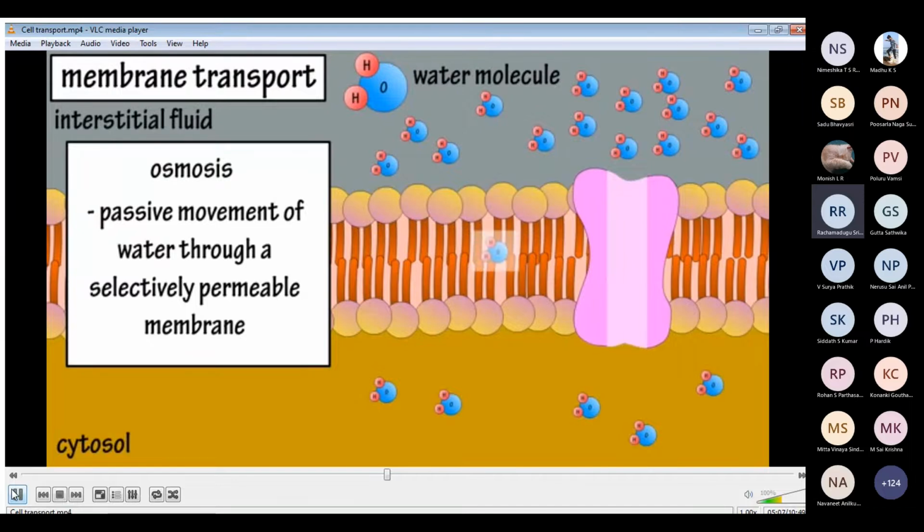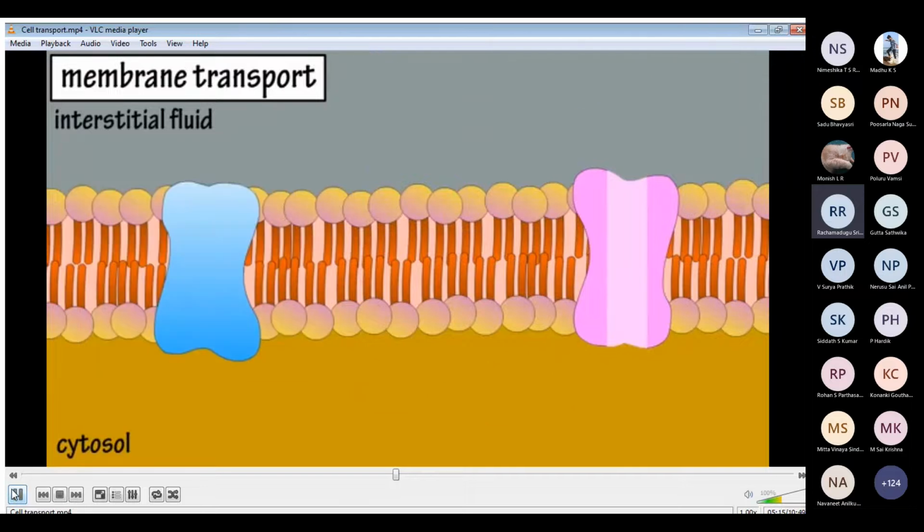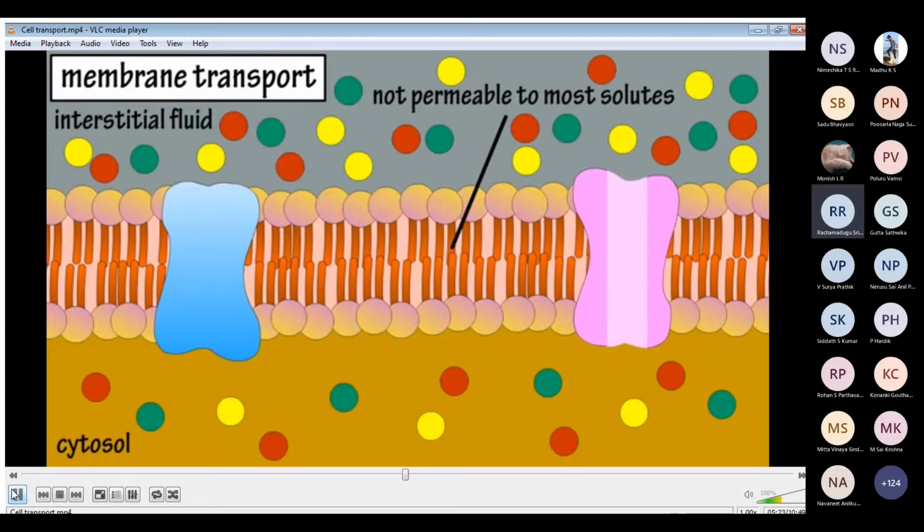Water can slip between the phospholipid molecules that make up the plasma membrane, or through integral protein water channels that are called aquaporins. The plasma membrane is not permeable to most solutes, such as charged polar and large substances. So for example, one side of the membrane, the cytosol or interstitial fluid, can have more solutes than the other side.